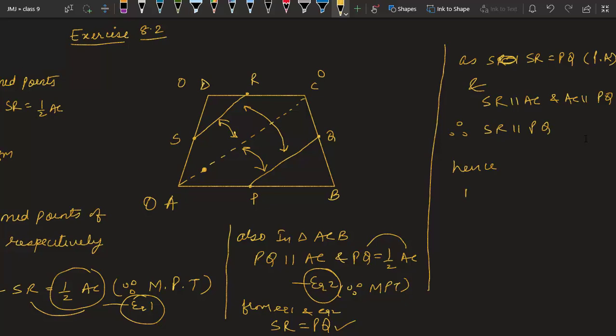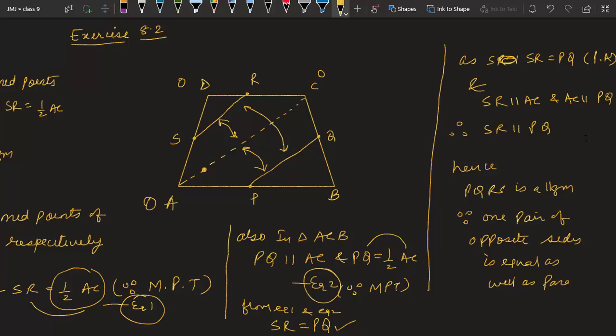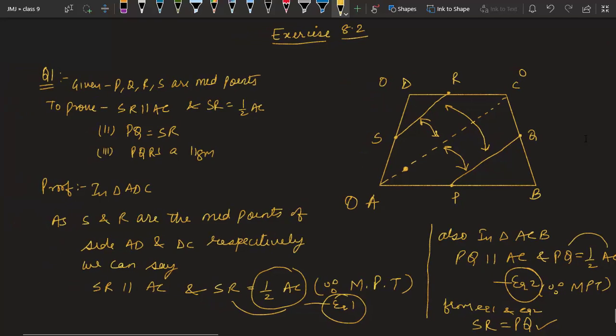Hence PQRS is a parallelogram because one pair of opposite sides is equal as well as parallel.